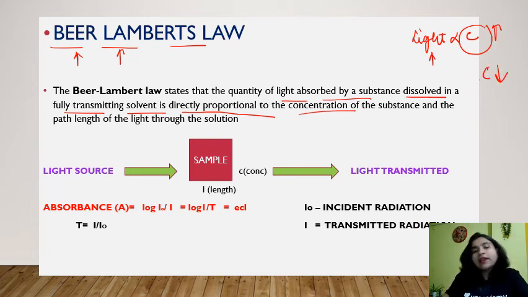Clear? And according to Lambert's law, the amount of light absorbed is directly related to the path length. This is path length. Whenever we combine both of them, we get a common law, which states that the light absorbed by a substance dissolved in a fully transmitted solvent is directly proportional to the concentration of the substance and the path length of the light through the solution.